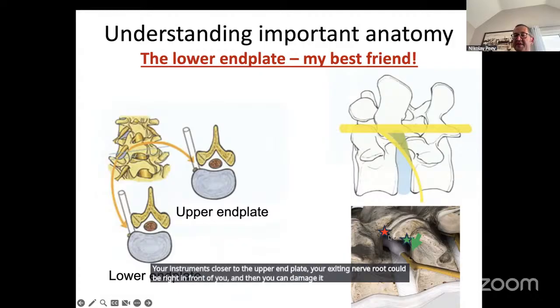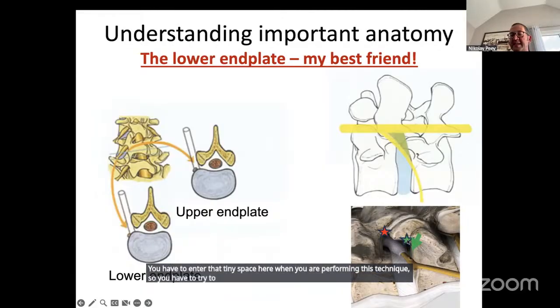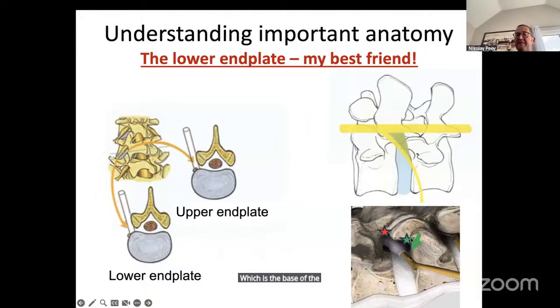And this is because you have to enter that tiny space here when you are performing this technique. You have to try to dock your needle at that point, which is the base of the superior articulating facet.